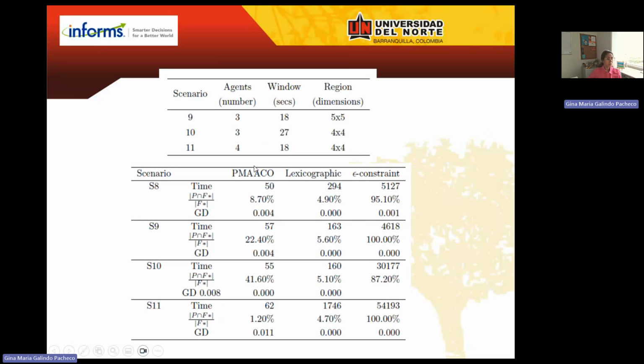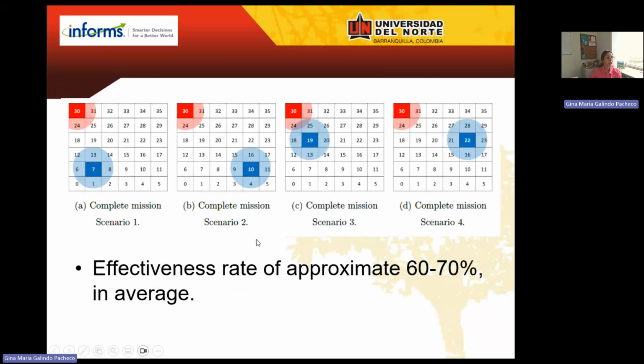And here in the first column, what we have is the ant colony approach, which had very decent computational times, and also the gap to the optimal solution so far is very satisfactory. So as we can see, the heuristic outperformed the other two methods.